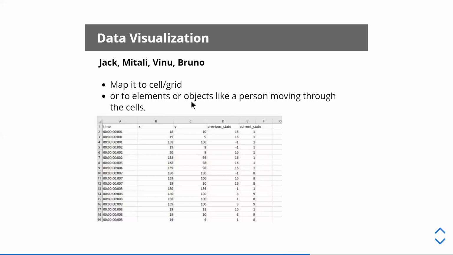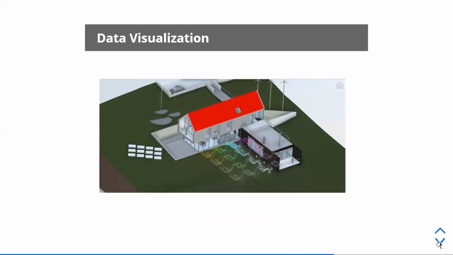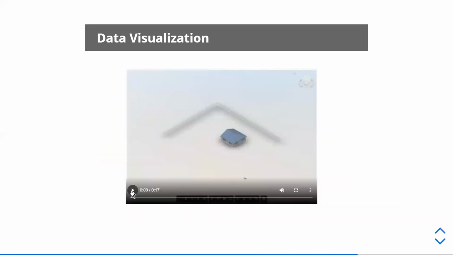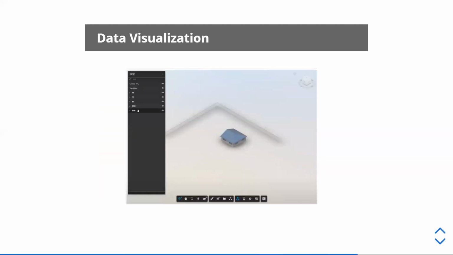And then we would like to map this data back to the BIM model, to a cell or grid method, or to elements or objects like a person moving through the cells. So we decided to use the example in the Autodesk Forge point clouds, as it seemed more feasible for our ideas. So this was our first visualization model.